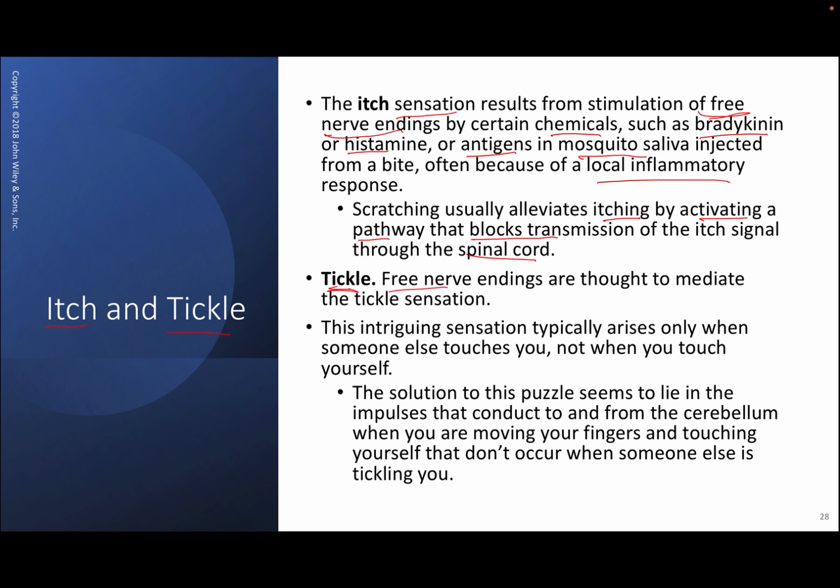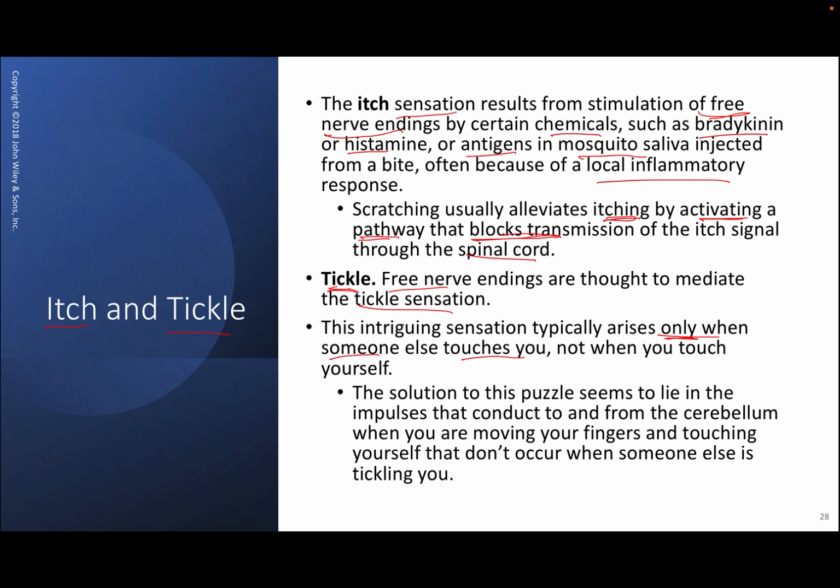Then we have tickle. These are more free nerve endings that we associate with mediating tickle sensation. This is kind of a weird one because this sensation arises only when someone else is touching you. You can't tickle yourself, right? So why is this happening? Well, similarly to when we scratch an itch, this causes activation of a pathway that ultimately blocks that transmission.